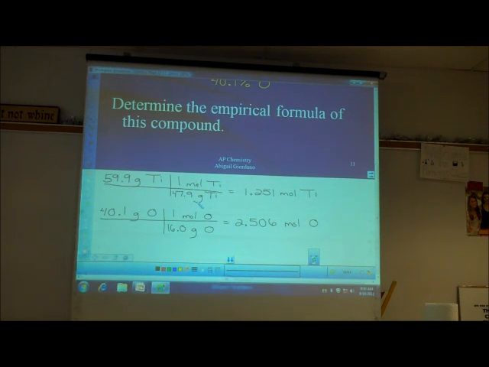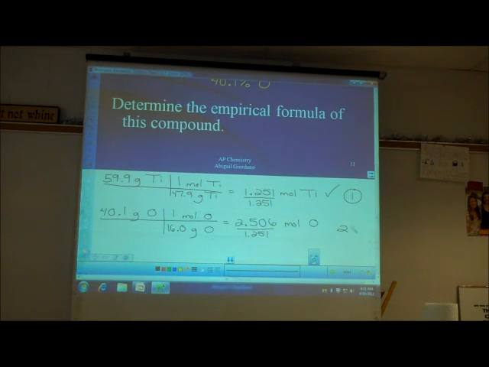Alright, so step 1, we took the percent sign off, we changed it to grams. Second step, we converted each one into number of moles. Do you remember the third step? Divide by the smaller of the numbers. This is my smaller number. And I'm going to get a 1 here. This divided by that is 1.